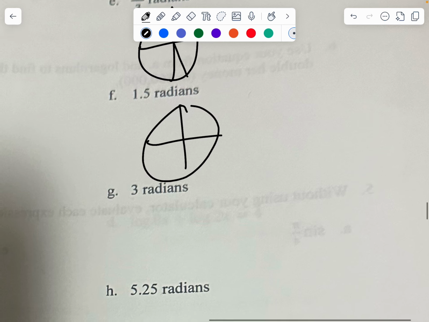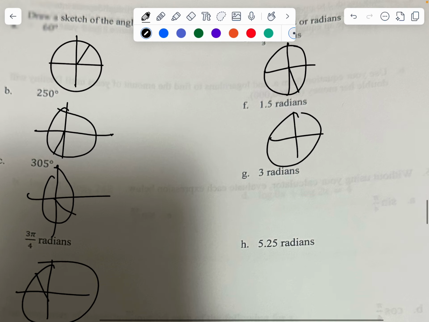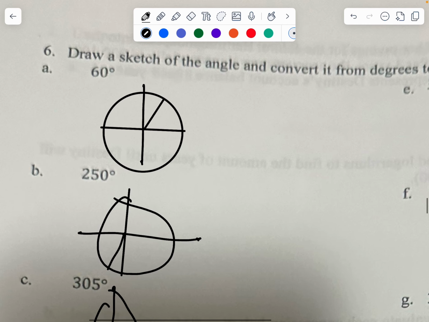I'll do those ones later. We'll do the degree ones first.